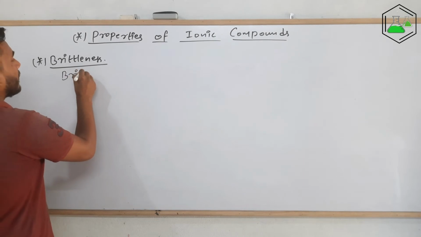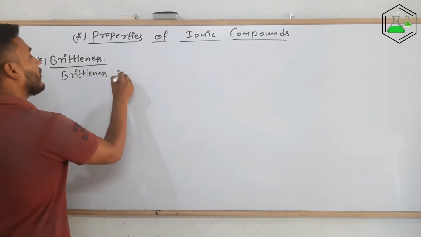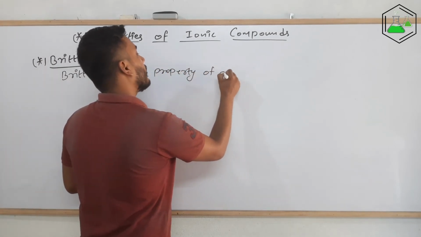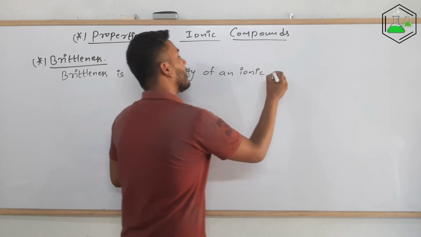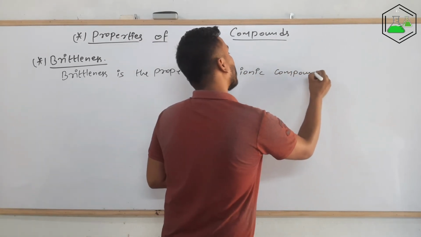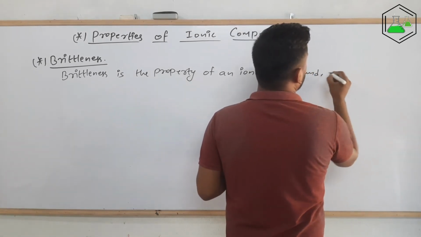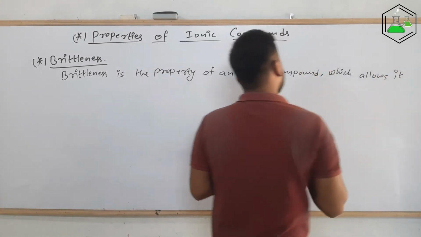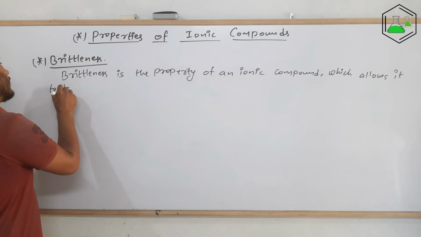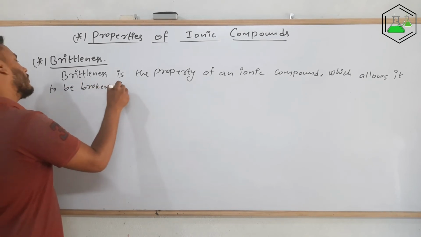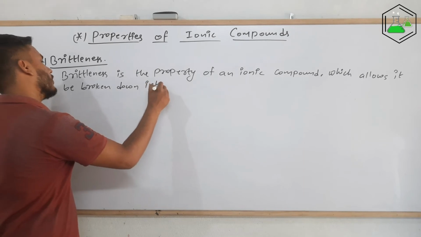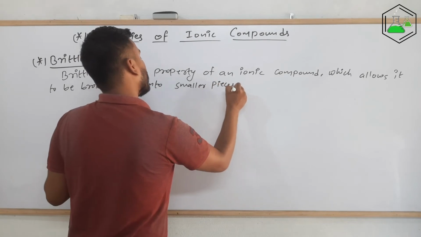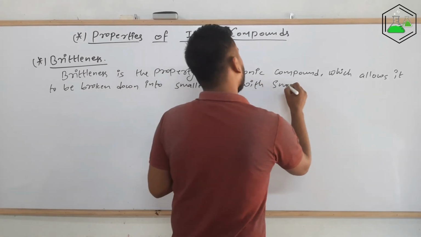Brittleness is the property of an ionic compound which allows it to be broken down into smaller pieces with small amount of force.